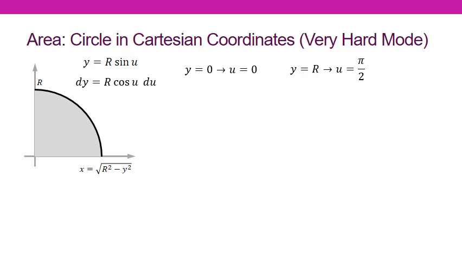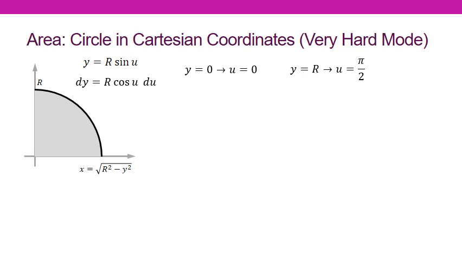So essentially, I've defined u to be some angle from my x-axis, where when that angle is 0, y equals 0, and when that angle is pi over 2, y equals r. That's exactly like the theta we had before, and so you can see where this connection is coming from.